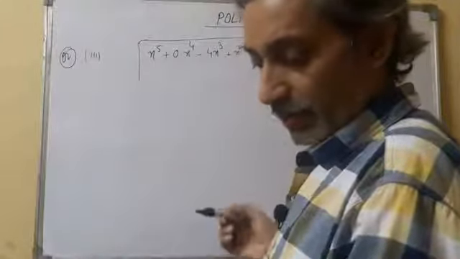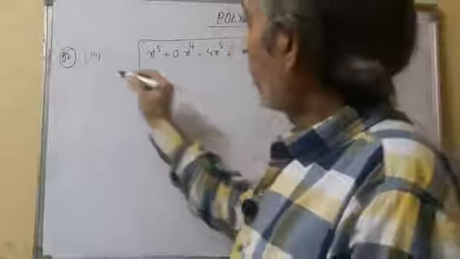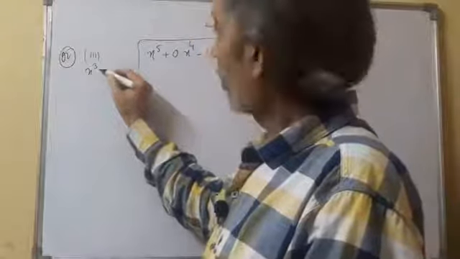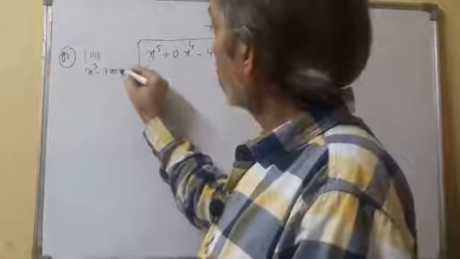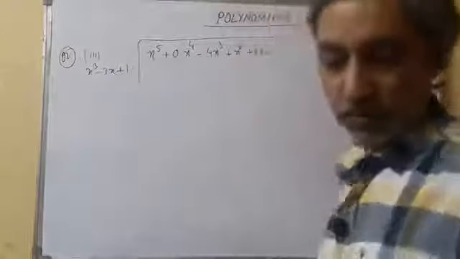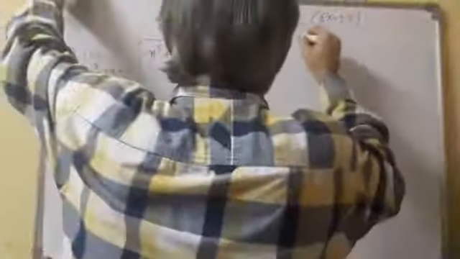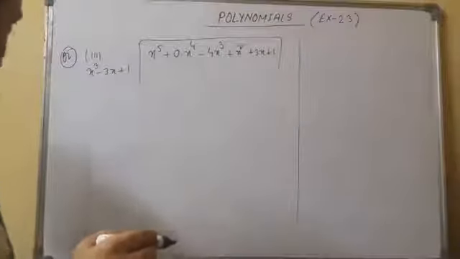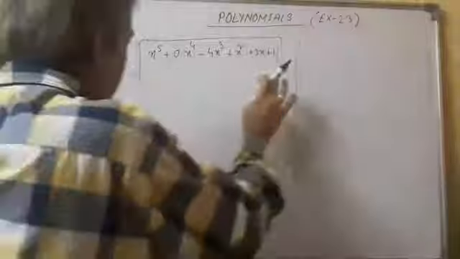This is our px. Now we have to divide this by x cube minus 3x plus 1. So we will divide this as we did earlier.